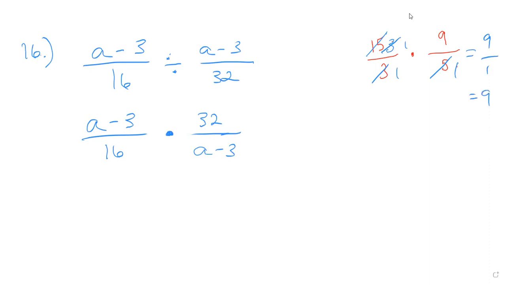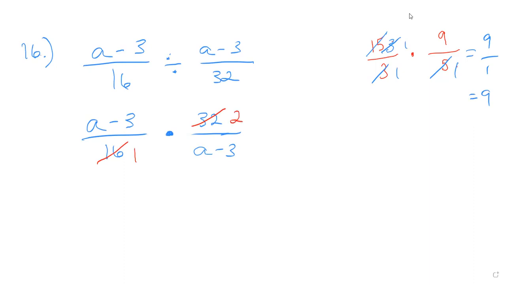So just like you did that problem in middle school, I am now going to do the same thing with this problem that we have over here. So the first thing I want to deal with is let's look at the 16 and the 32. So that's diagonal, 16 and 32, both divisible by 16. So I'm going to divide out the 16. So 16 divided by 16 is 1. 32 divided by 16 is 2.